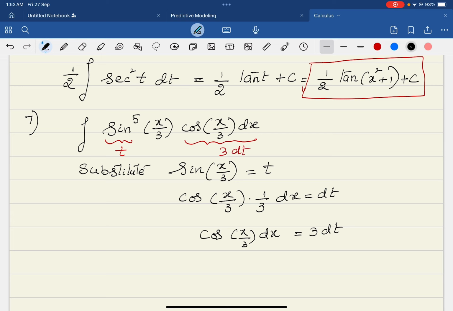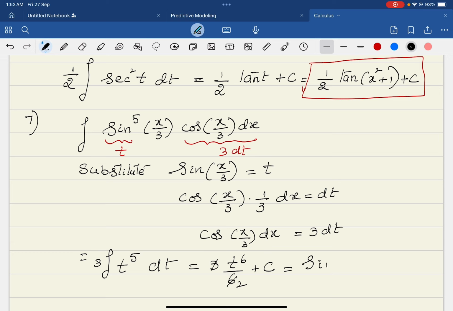So now let us rewrite this as the basic integral formula. It is t power 5 times 3 dt. I will write 3 outside of the integral, and that gives you 3t power 6 over 6 plus the constant. So the 3 and 6 get cancelled to 1 and 2. And what is t?